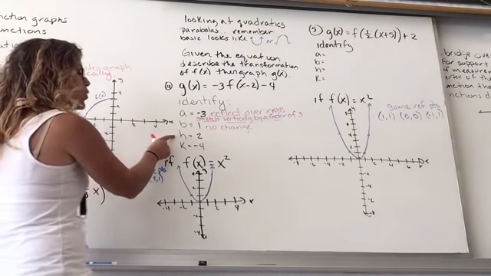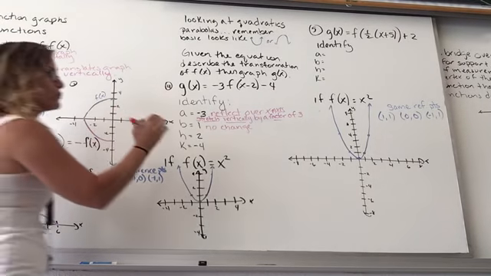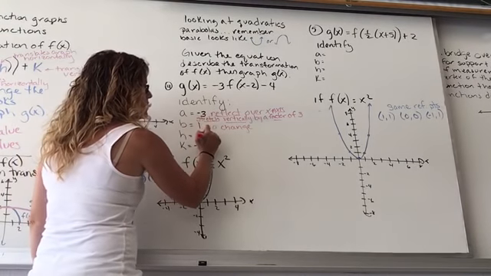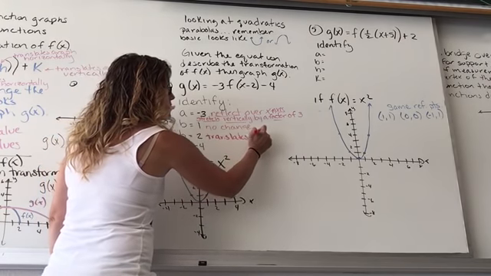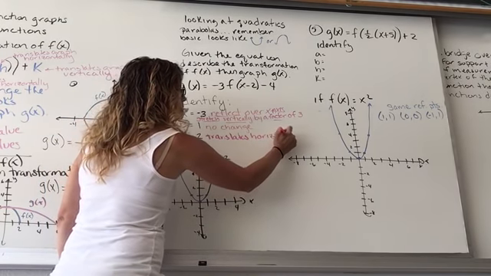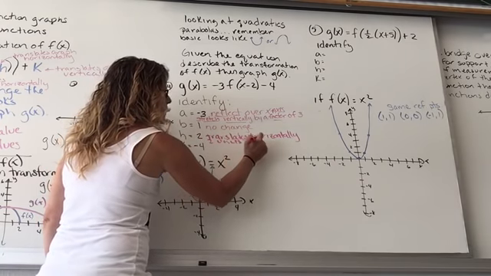So this is moving horizontally. It's a positive, so it's going to go horizontally to the right. So this translates horizontally 2 units right.